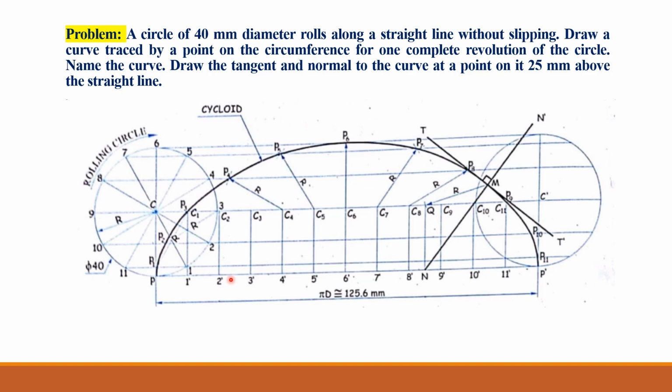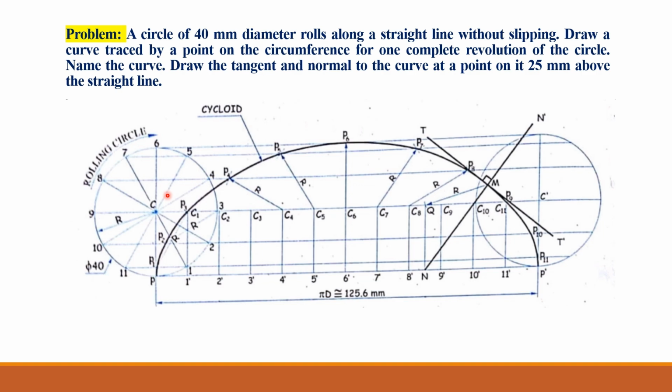For 2 dash, we name the intersection point C2. For 3 dash, C3. For 4 dash, C4. So on, up to 11 dash. Here the intersection points are given, and then these intersection points are considered as centers for arcs, which we are going to use to draw the curve.